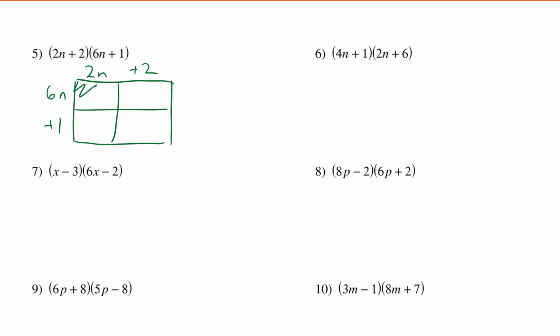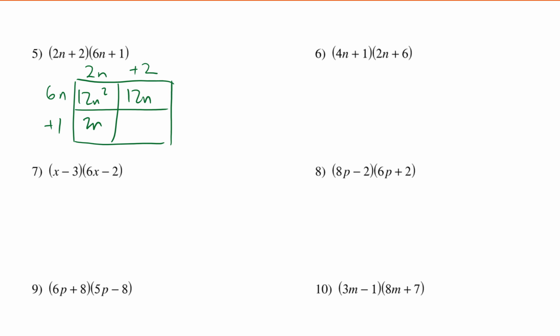So what's the area just in here? 12n squared. What's the area of this one just here? 12n. What's the area of that one just there? 2n. And what's the area of the bottom one?